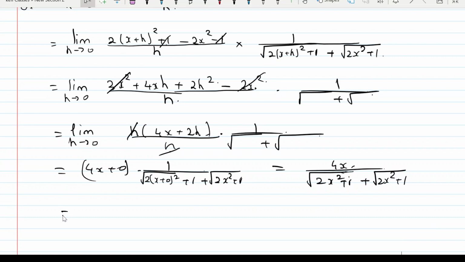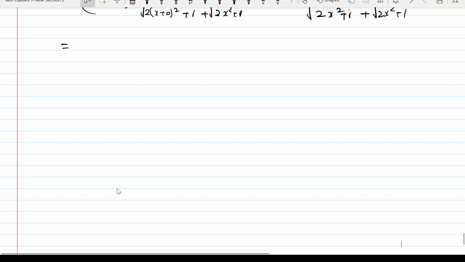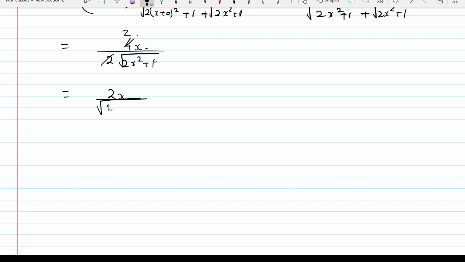So that is equal to 4x upon 2 into root of 2x square plus 1. 2 ones are 2 twos are, which is equal to 2x upon root of 2x square plus 1. ठीक है?